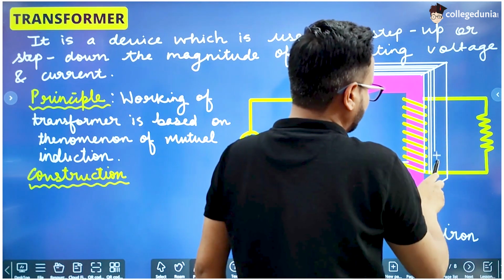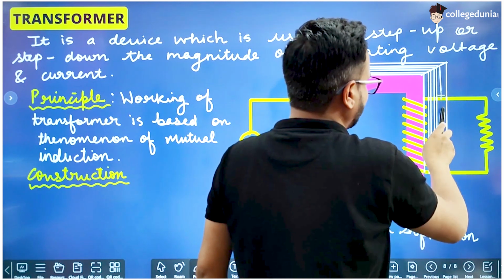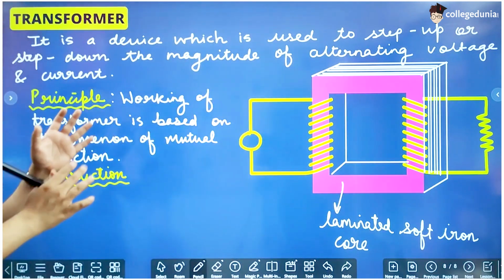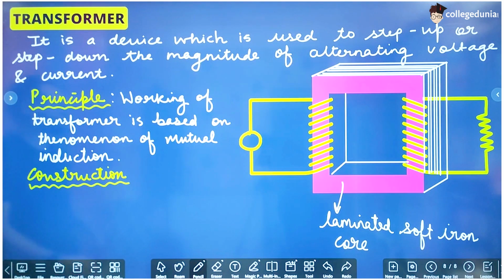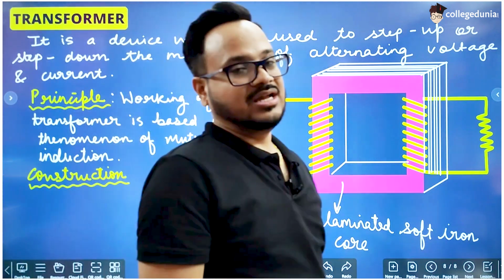Okay, why we do this? Why we do not take a bulk piece of iron, and instead have joined so many thin iron sheets to make this core, just to reduce the eddy currents, right?